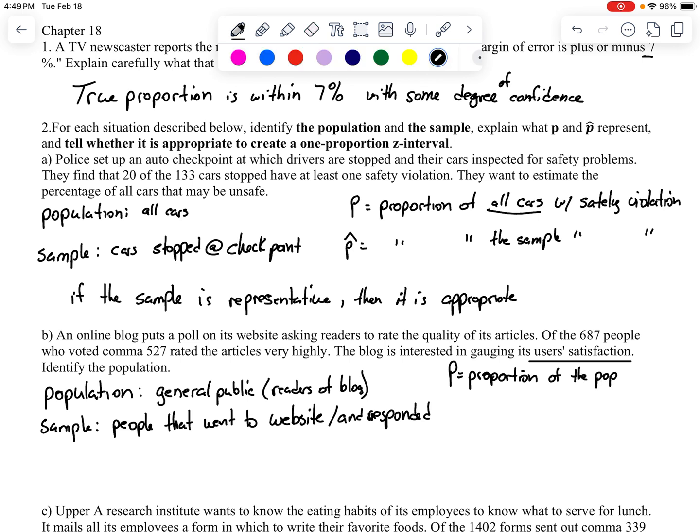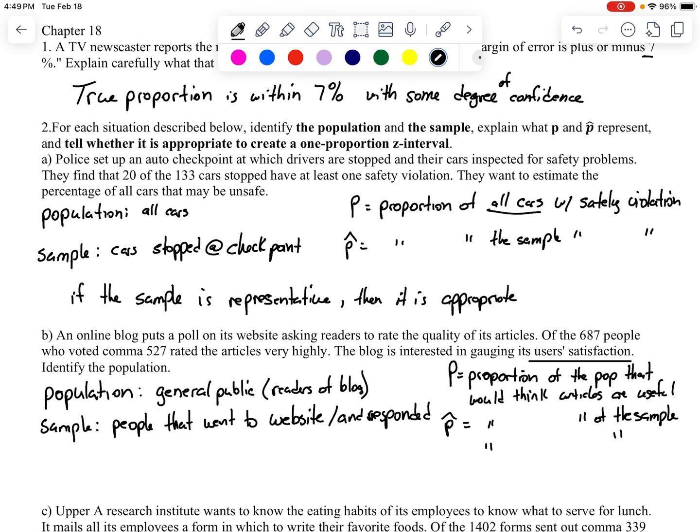We're going to do the proportion of the population that would think articles are useful. And P hat is the proportion of the sample that would think the articles are useful.